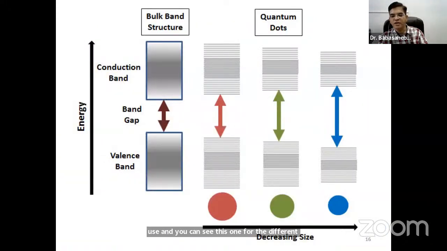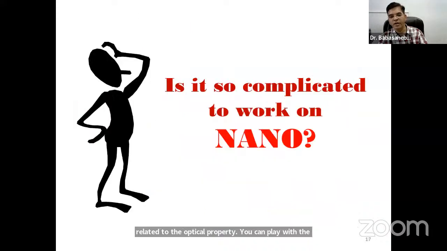As an example, as you decrease the size, the optical band gap is going to increase because of the discreteness in the energy levels. That is the beauty of this. This is just related to the optical property. You can play with the electrical property or other properties depending upon the type of application.